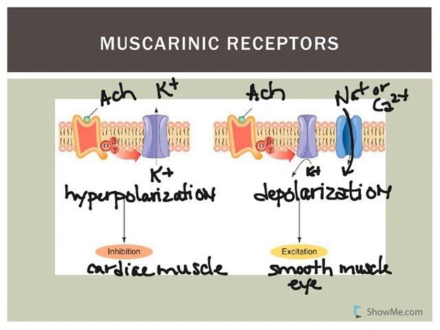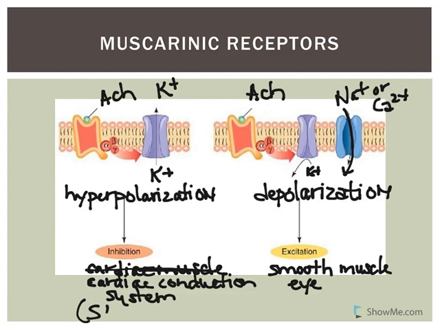In the case with, actually I should say inhibitory, I shouldn't say cardiac muscle, because heart rate has nothing to do with the muscle itself per se, this would be like cells of the cardiac conduction system. Specifically the SA node, that caused heart rate to go down.